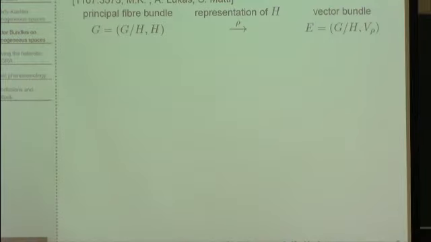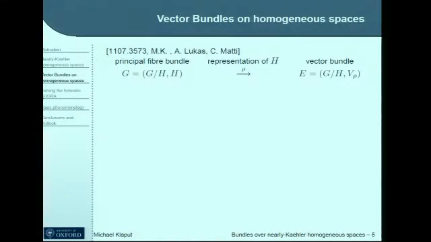For this, it is quite useful to recall that you can always view the Lie group G as a principal fiber bundle with fiber H over the base space G mod H. And then there's a well-known construction in differential geometry, which is a construction of associated vector bundles.